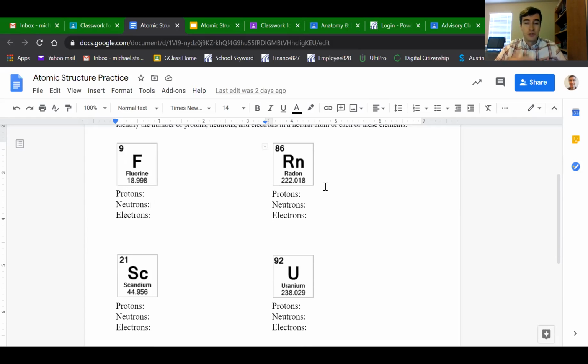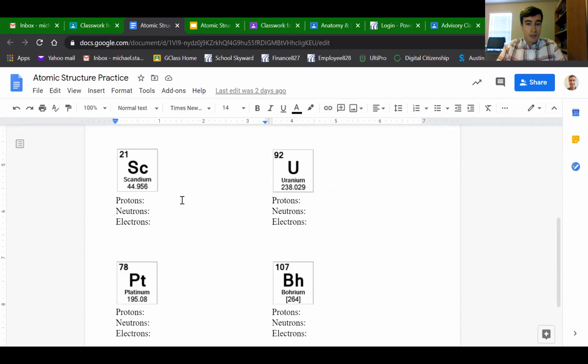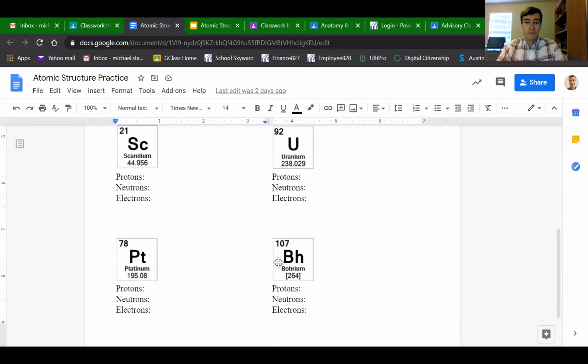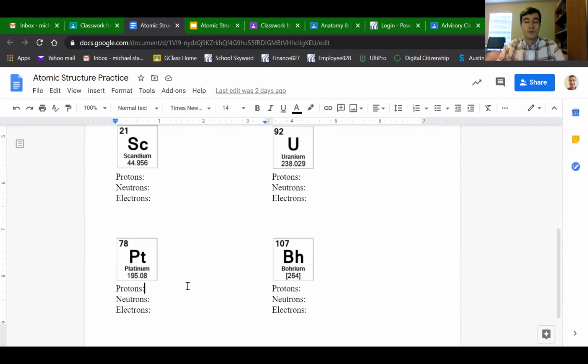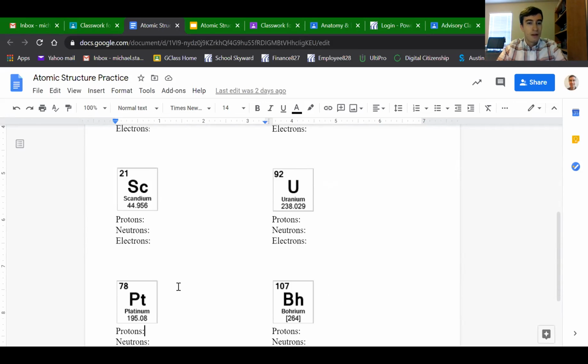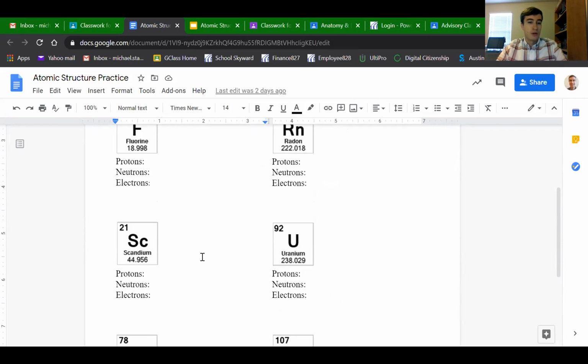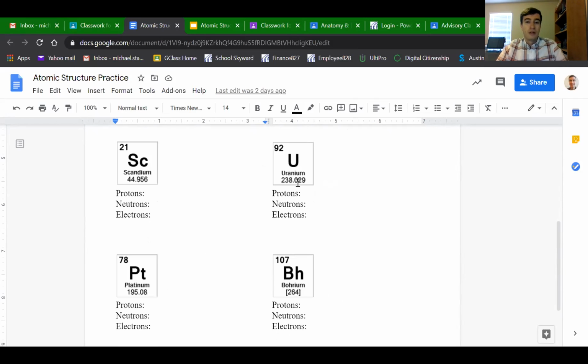Radon, 222.018, you can just round that down to 222. And then most of these should be pretty straightforward. Borium is already rounded off for you. Some of the really big guys haven't been able to get super precisely measured yet. So scandium, you'd round up to 45.